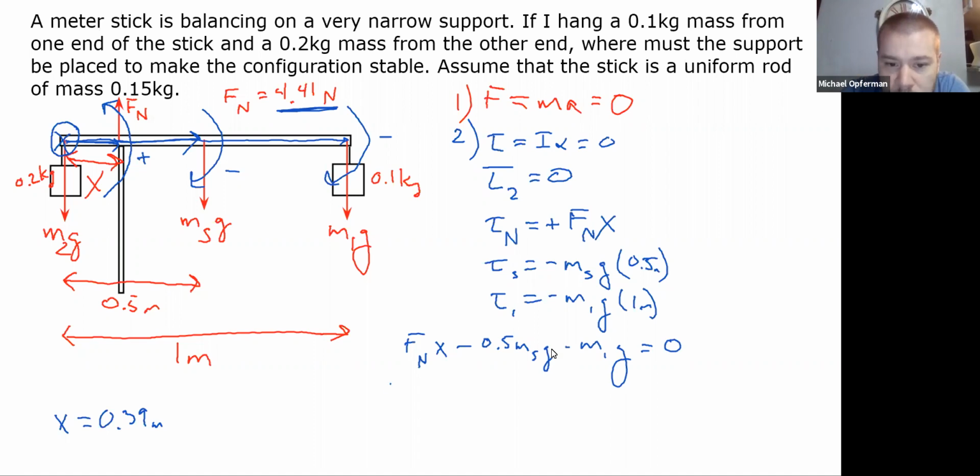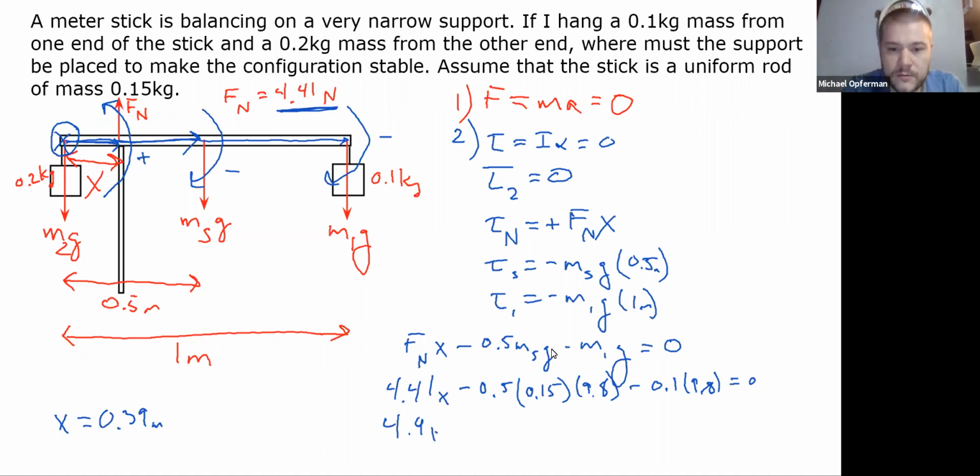The normal force is 4.41, which comes from the F equals MA equation that we solved in the previous video. Then we have 0.5, m_s is 0.15, times 9.8. And the third term is m_1, which is 0.1, times 9.8. And that equals 0.